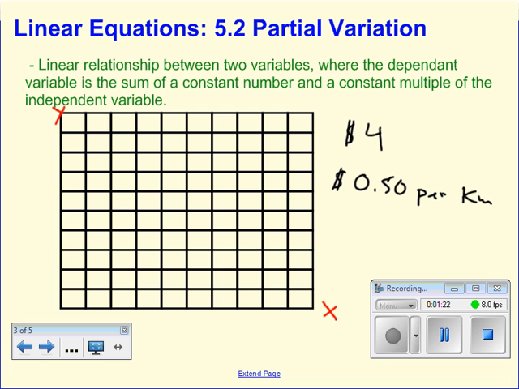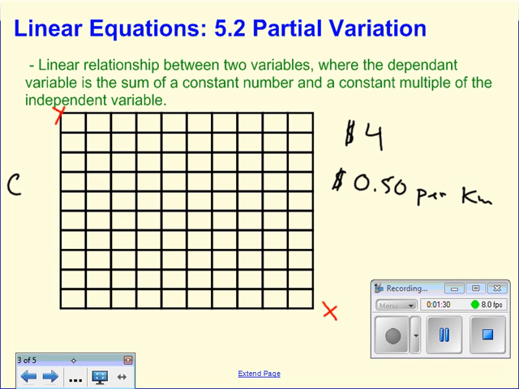So it's $4 to step into the cab, and then it's 50 cents for every kilometer thereafter. So here my dependent variable is going to be the cost, so C, and my independent variable, because cost doesn't matter according to my distance, is kilometers down here.